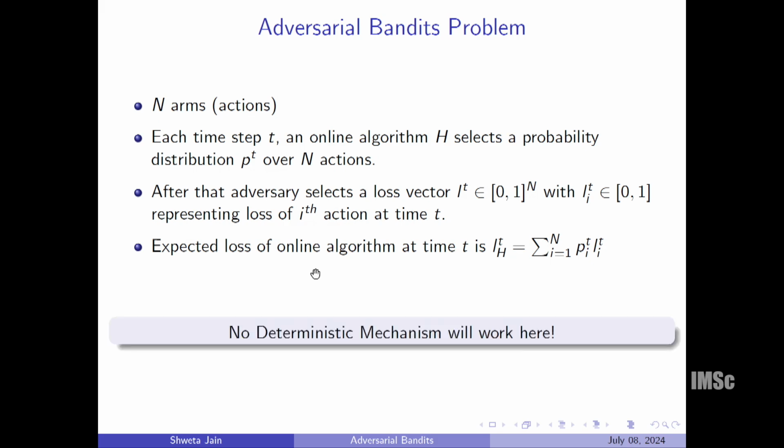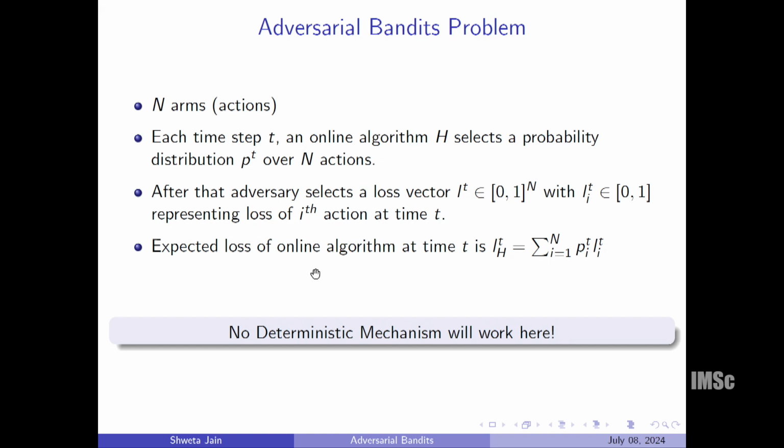We have already established that no deterministic mechanism will work here, because whatever arm I choose, the adversary can always place the loss there. As mentioned by Pallavi in the morning, you can always put 0. We will still have to worry about those cases, but intuitively I understand that the deterministic algorithm will not work.